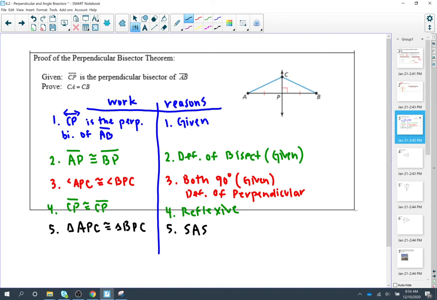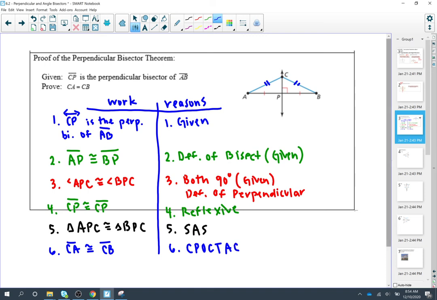Now, if the triangles are the same, then I know all of their parts are the same. If this triangle is the same size as this triangle, then I know this side is the same length as this side. So now I can say that CA is congruent to CB. And the reason I know this is because of corresponding parts of congruent triangles are congruent.